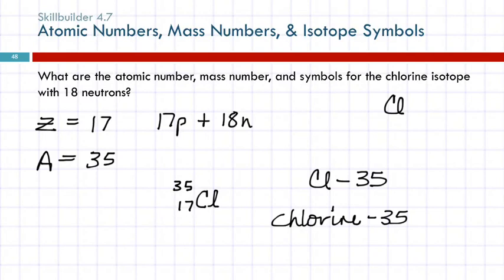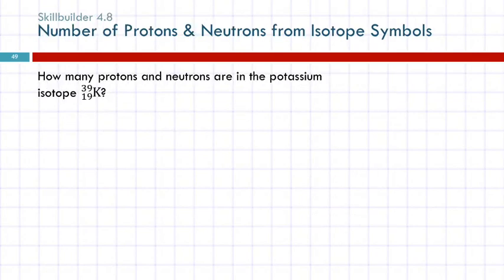Any questions? How many protons and neutrons are in the potassium isotope with this symbol? Well, how many protons? 19. This number right there is the atomic number.